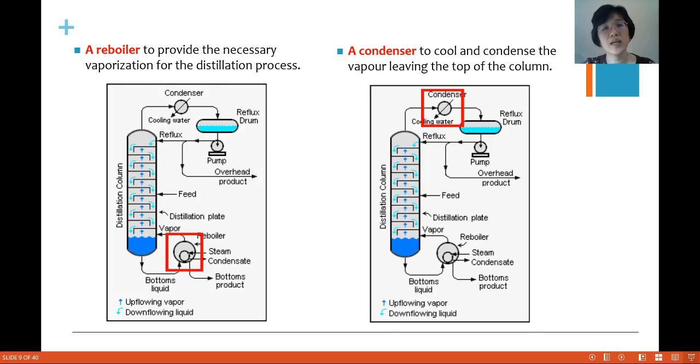Other than the vertical shell, we have a reboiler at the bottom of the column to provide the necessary vaporization for the distillation process. And we have a condenser at the top of the column to cool and condense the vapor leaving the top of the column.